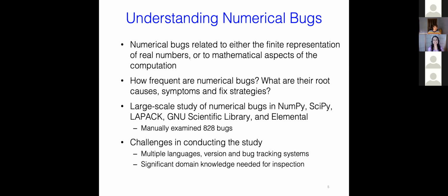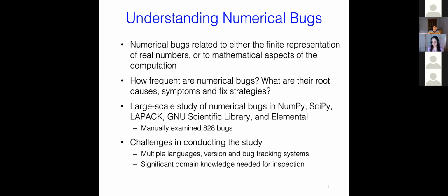Two of the challenges that we encountered while conducting this study were, one, that these libraries were written in multiple languages using various version control and bug tracking systems throughout their lifetime. And also, most importantly, that there was a need for significant domain knowledge in order to inspect these bugs.